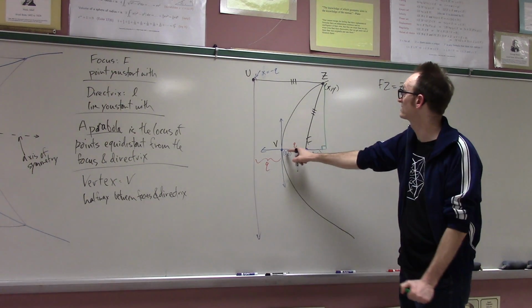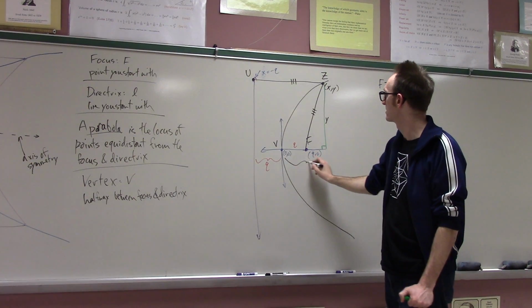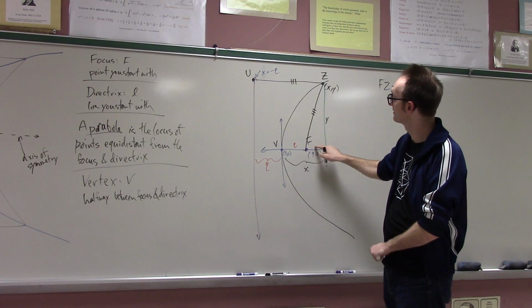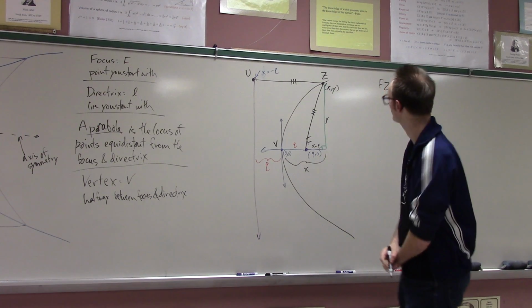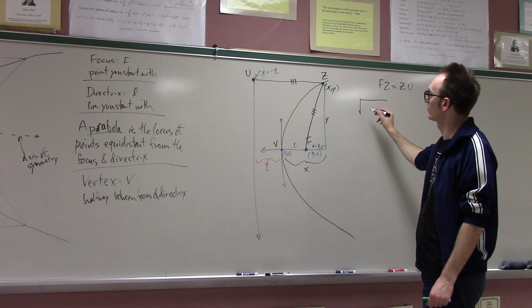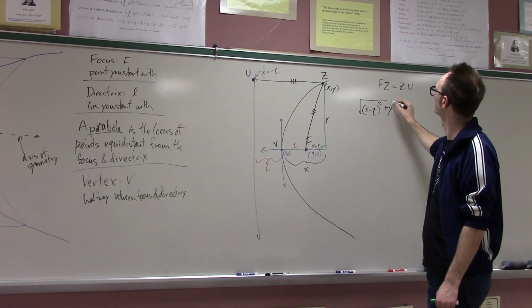If this is the point x comma y, then that makes this thing y here, and this thing x. And if that's q, then this little bit here is x minus q. So this length FZ is going to be the square root of (x minus q) squared plus y squared.